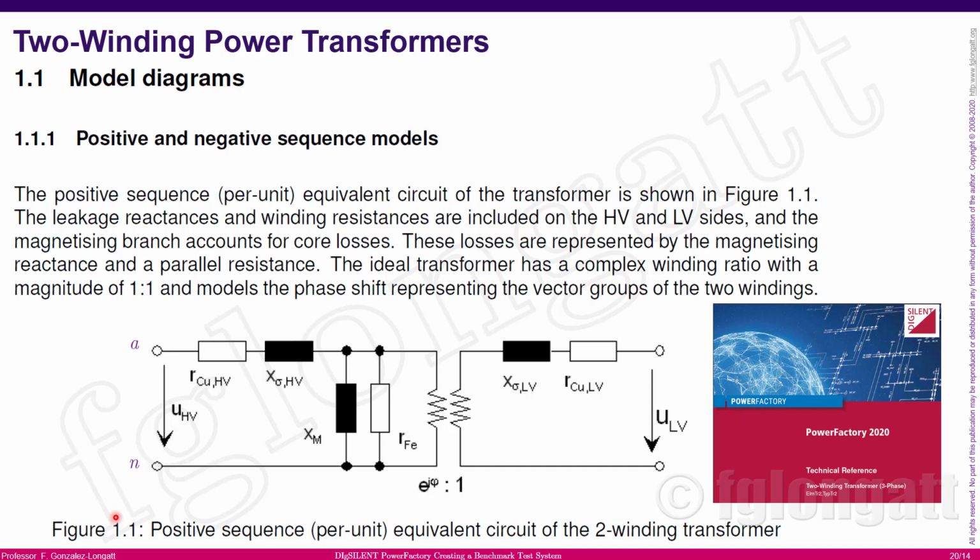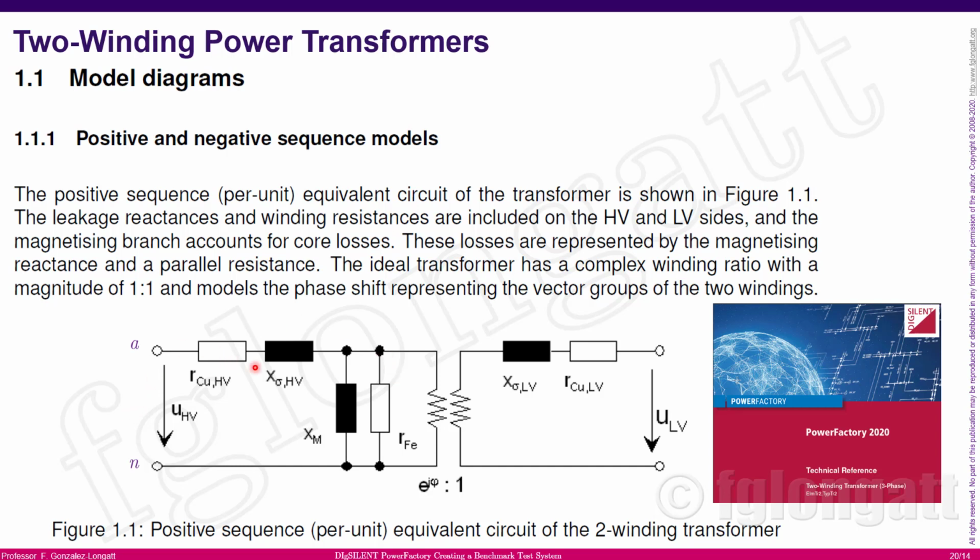If you look over here, this is the positive sequence model for the two-winding transformer, in per unit. Of course, we are working with a three-phase transformer, but this model is for one phase. The important part is that you must understand this model clearly. If you remember your classes from electrical machines, a transformer has some passive components inside.